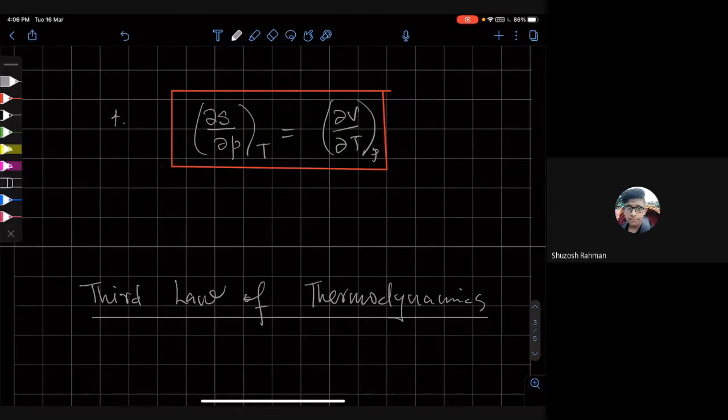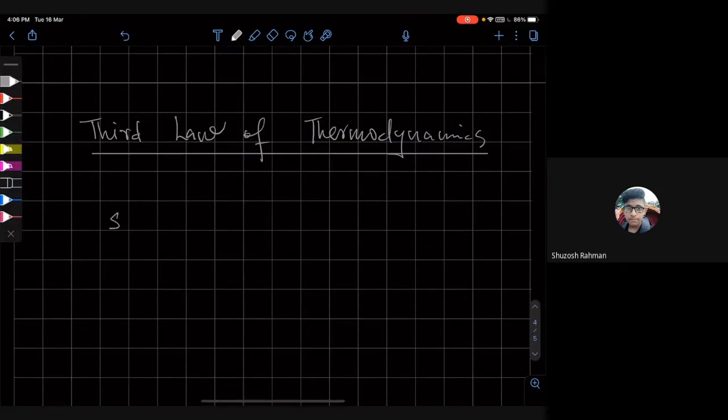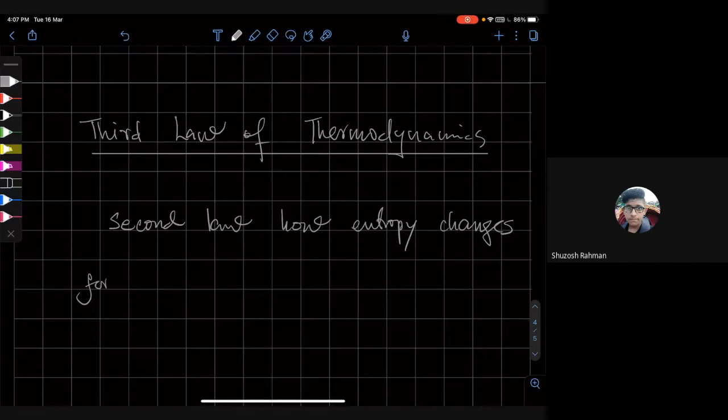So the second law of thermodynamics tells us how entropy changes for isolated systems, right?